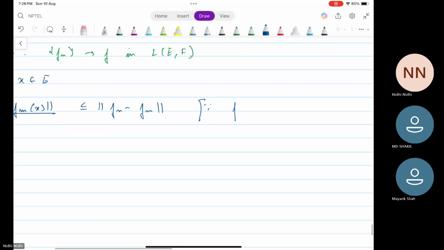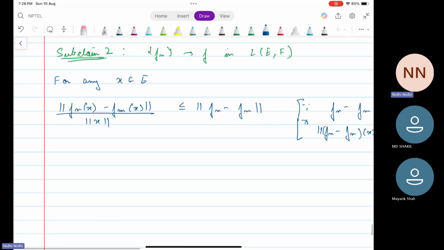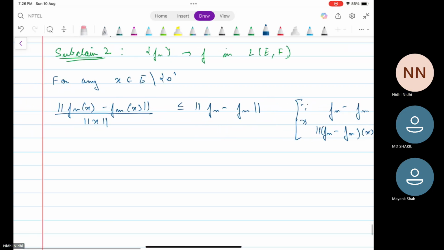Since Fn minus F is a bounded linear function, this implies norm (Fn minus F)x is less than or equal to norm Fn minus F times norm x. So just dividing it by norm x.